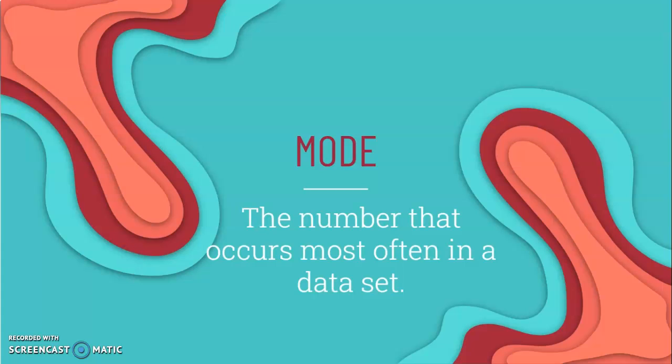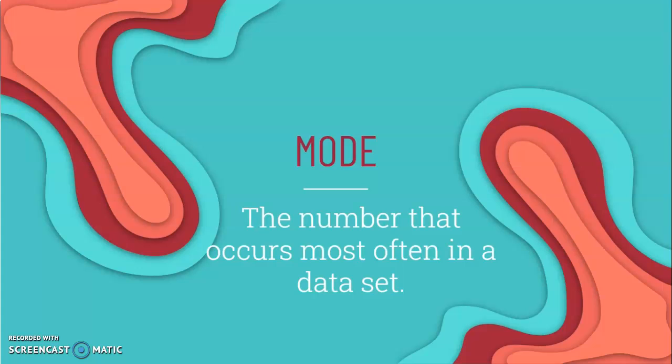The last measure of center is mode, which is probably the least calculative number that you have to find. Again, it is important that you get in the habit of organizing your data in ascending order. It will help you make sure that you pick the number that is indeed the mode. The mode is the number that occurs most often in the data set.